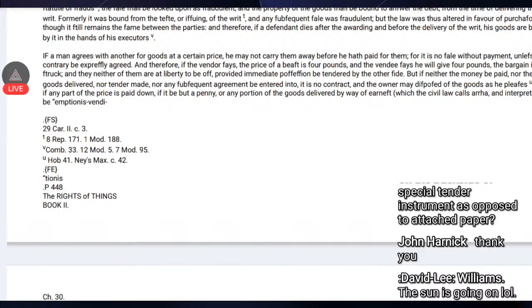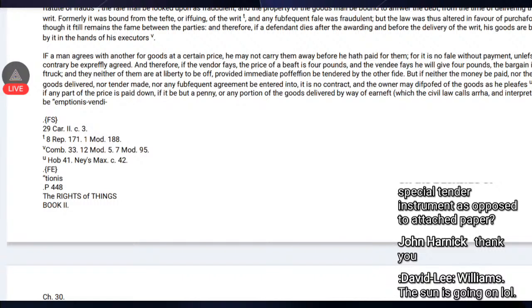If a man agrees with another for goods at a certain price, he may not carry them away before he hath paid for them, for it is no sale without payment, unless the contrary be expressly agreed. And therefore, if the vendor says the price of a beast is £4, and the vendee says he will give £4, the bargain is struck, and neither of them is at liberty to be off, provided immediate possession be tendered by the other side.